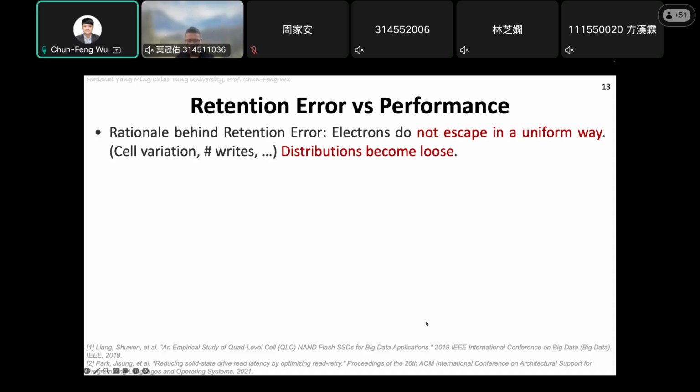Okay, let's keep moving on. The thing is, errors are not only a measure of reliability, or of not being able to read the true data. They also hurt the performance.